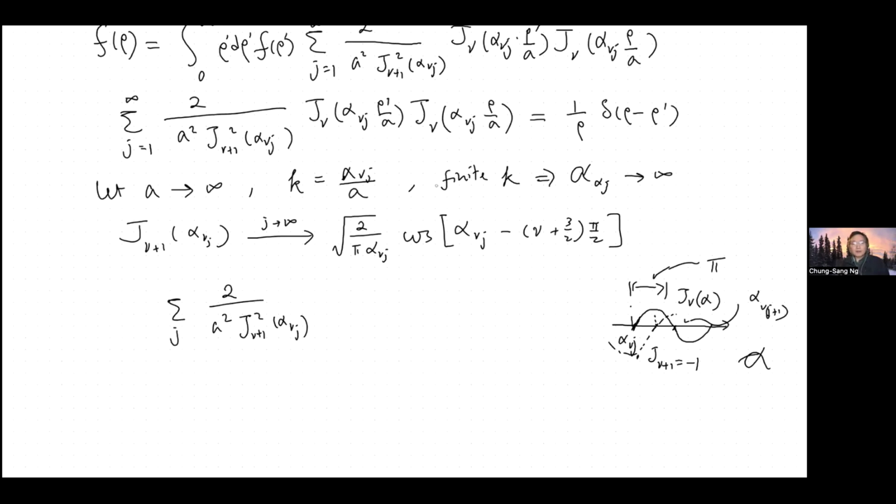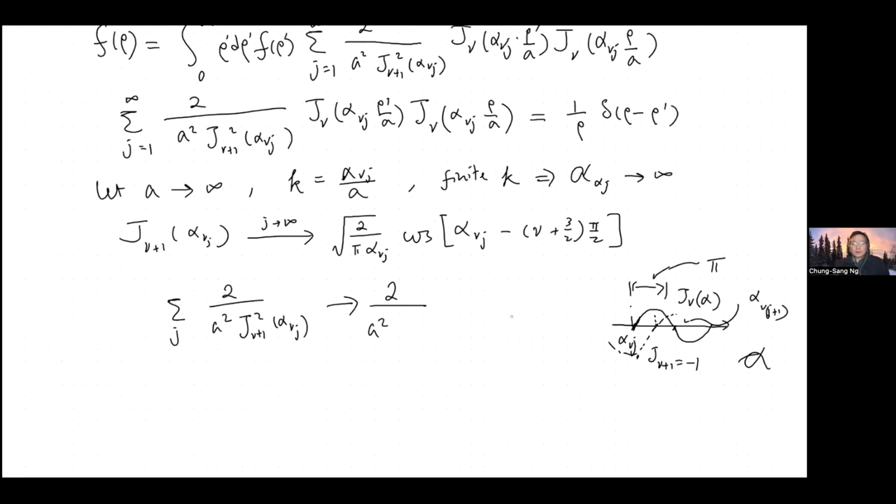And so k transforms as follows. First you evaluate everything in the asymptotic limit, so you have 2 over a squared, and then this J nu plus 1, now take the square of that. And the cosine part equals minus 1.